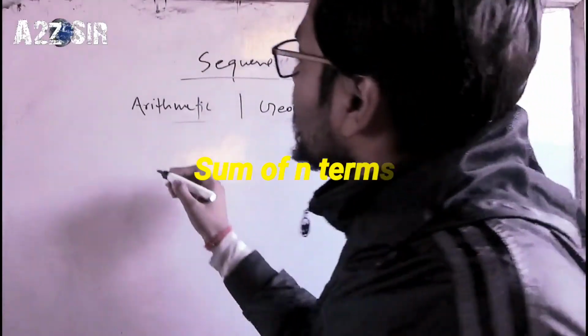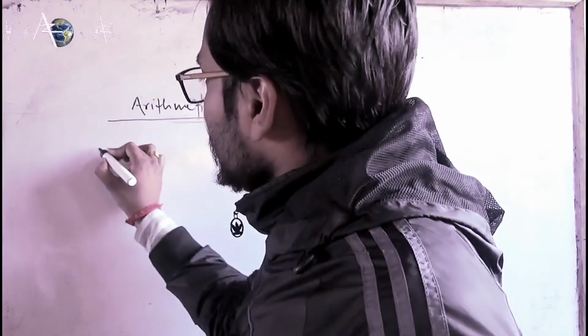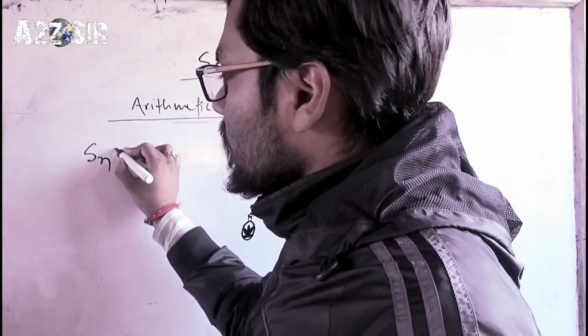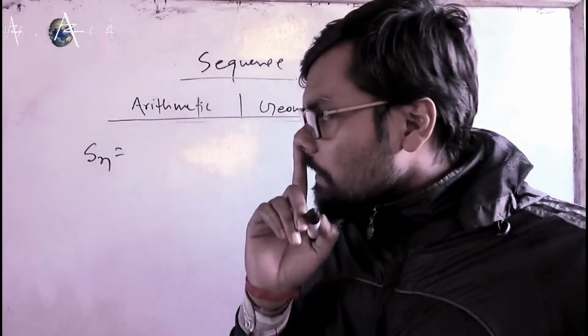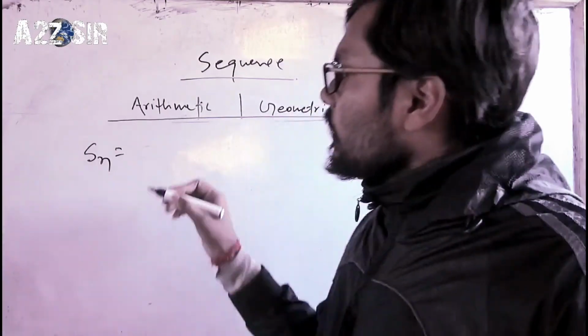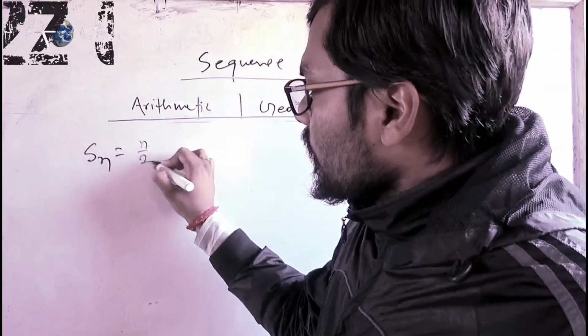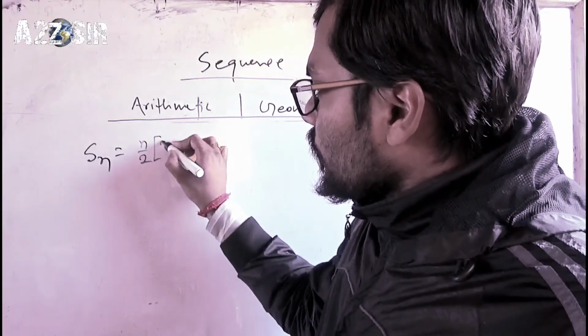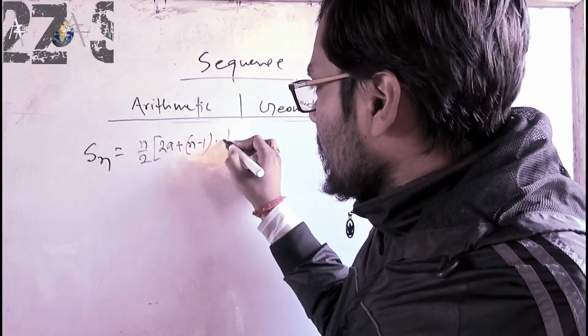Next, for the arithmetic series, Sn is equal to the sum of the first n terms, and it becomes n by 2 into 2a plus n minus 1 into d.